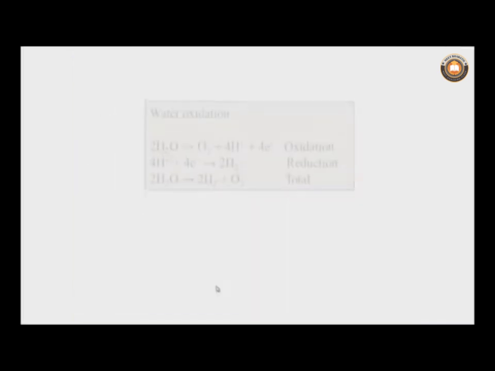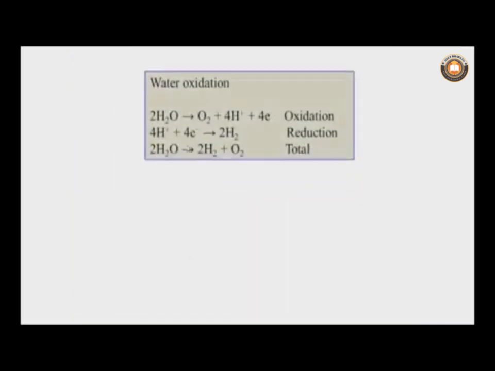So, in the case of water oxidation, we have just seen that water gets oxidized to form the O2 molecule, and that is our corresponding oxidation reaction.